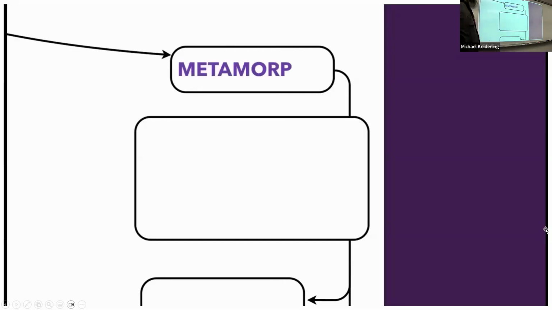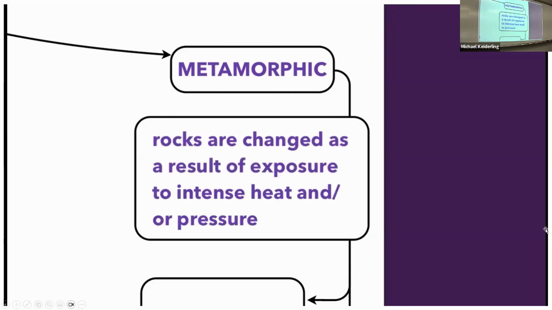And now our metamorphic rocks, these are ones that are going to undergo some sort of change, a metamorphosis. What drives that change is exposure to heat, really intense heat, or pressure, intense pressure. So metamorphic rocks are rocks that are changed as a result of exposure to intense heat and or pressure.